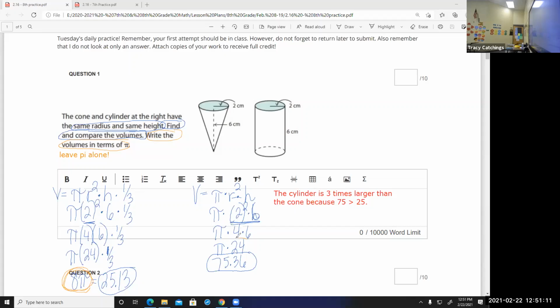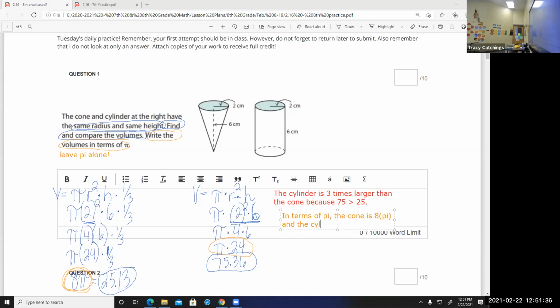And then for the cylinder, what do we have? 24 pi. So then I would say, in terms of pi, the cone is 8 pi. You can write out pi because I don't think it has the symbol. Or you can give me a little n, I guess I kind of know what you mean. So I'm just putting in parentheses 8 pi.